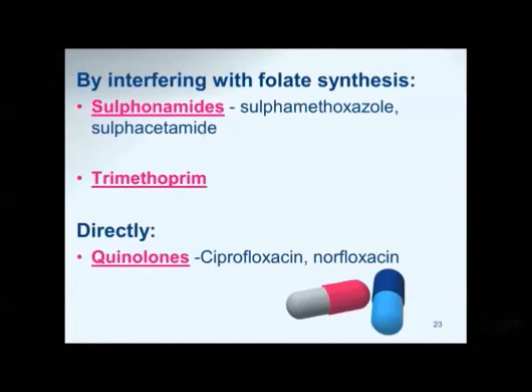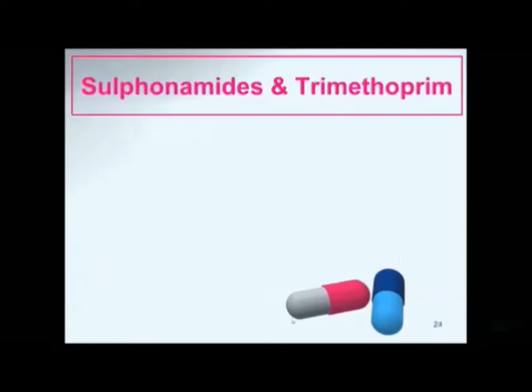So the sulfonamides and trimethoprim, and we'll look at these together, are drugs that prevent DNA synthesis and RNA synthesis by inhibiting folate metabolism. And the quinolones are drugs which prevent DNA synthesis directly. Okay, so let's have a look at those drugs.